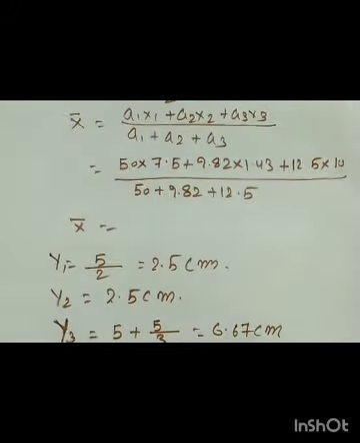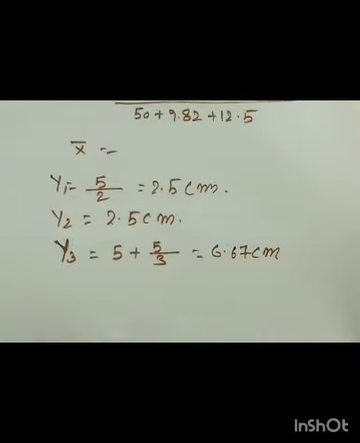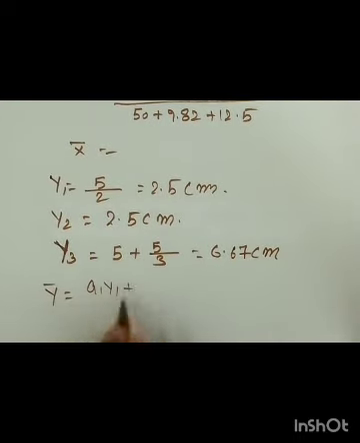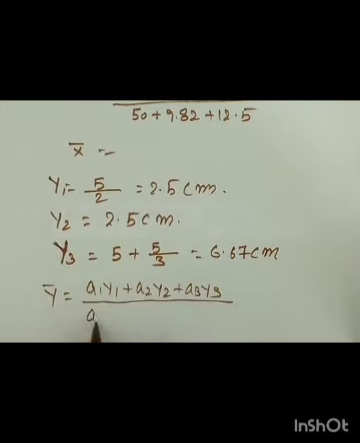Now we can impose the formulas. So the formula is y bar is equal to A1 y1 plus A2 y2 plus A3 y3 by A1 plus A2 plus A3.